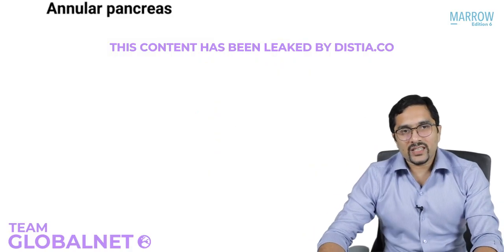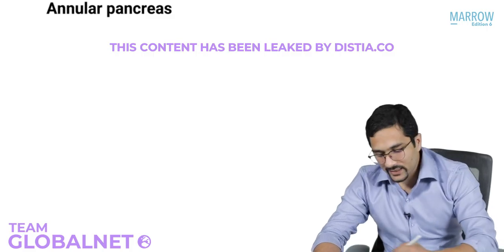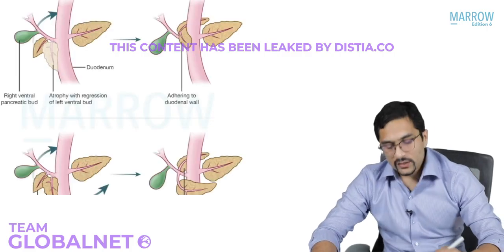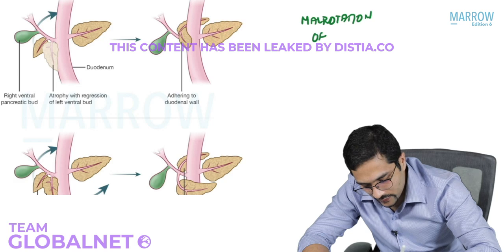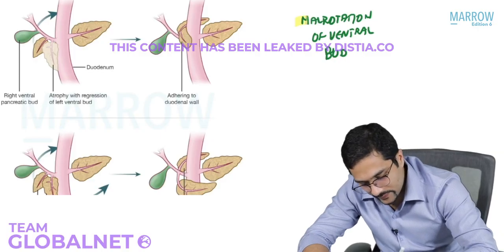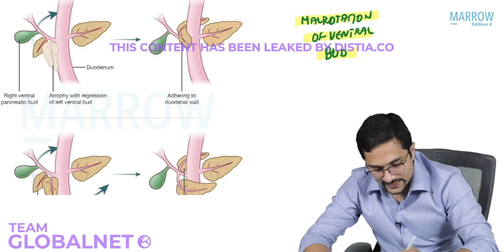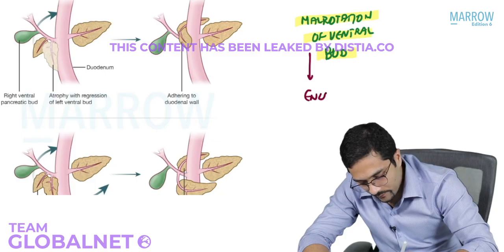So the second condition which we have to discuss is annular pancreas, and in this what happens is that because of malrotation of the ventral bud of the pancreas, this encases the second part of the duodenum.